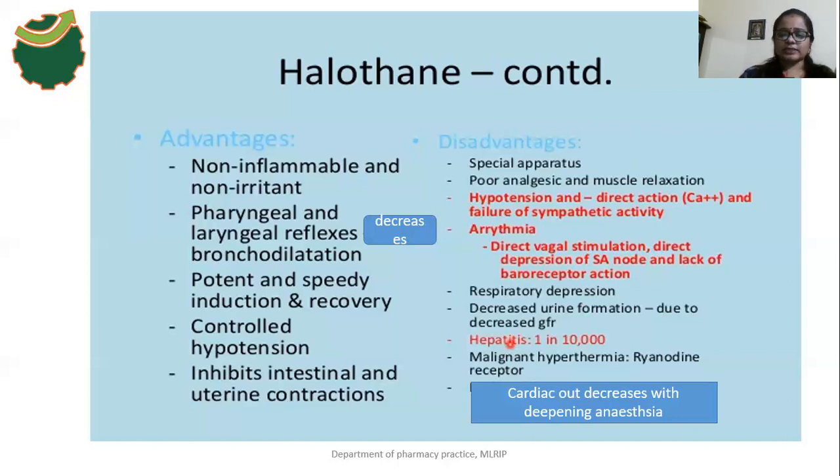Okay, and the next one is malignant hyperthermia. It rarely occurs in persons who have abnormalities in the ryanodine receptors. In those persons, malignant hyperthermia occurs because ryanodine receptors regulate the calcium ion channel.